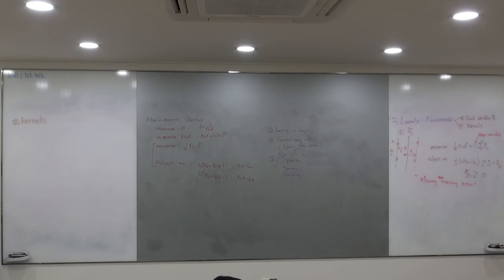Well, kernels have uses other than support vector machines. For example, Gaussian process, kernel density estimation, and what else? Clustering, things like that. So kernels are a very important concept. So you should, as a rookie, be very familiar with kernels.